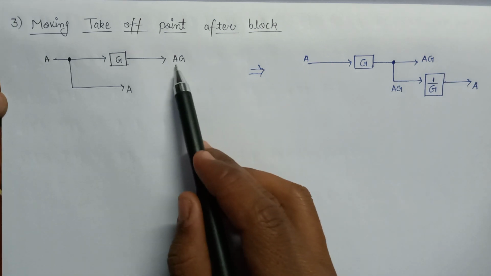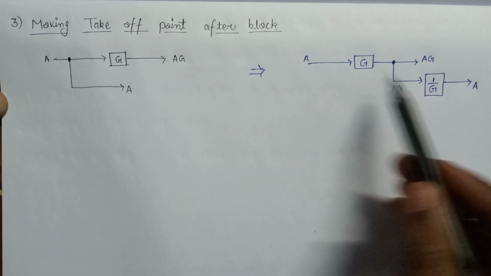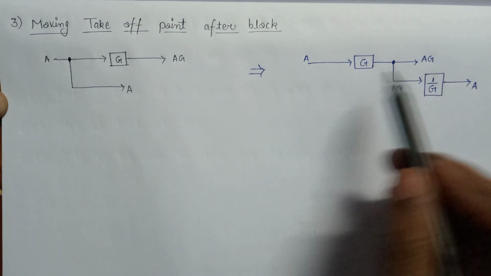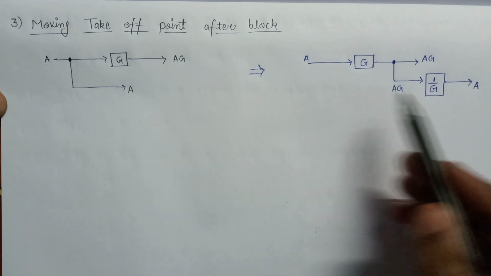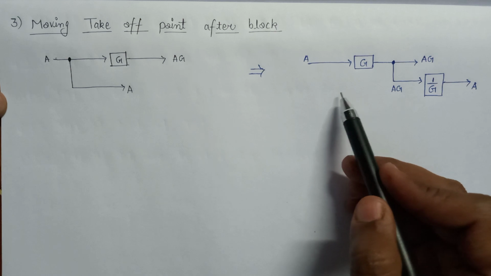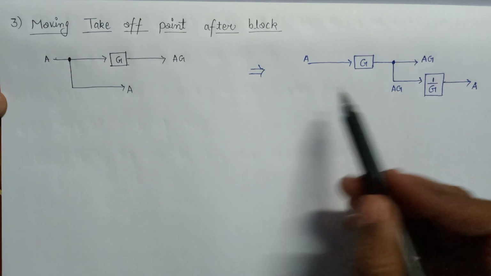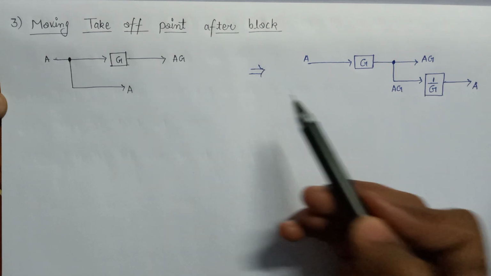Since the output of this branch, that is equal to AG, is same as this AG, and the output of the second branch, that is A, is same as this branch, that's why we can say that it is an equivalent circuit, or the moving of takeoff point after the block is successful.